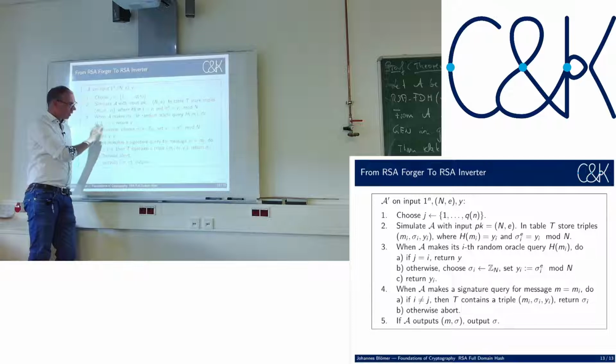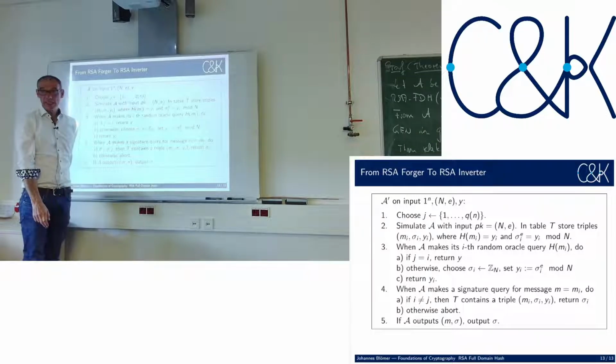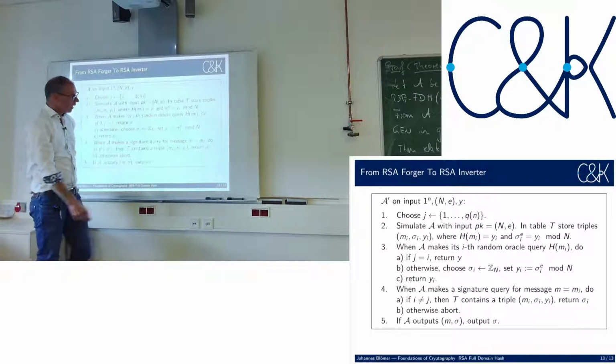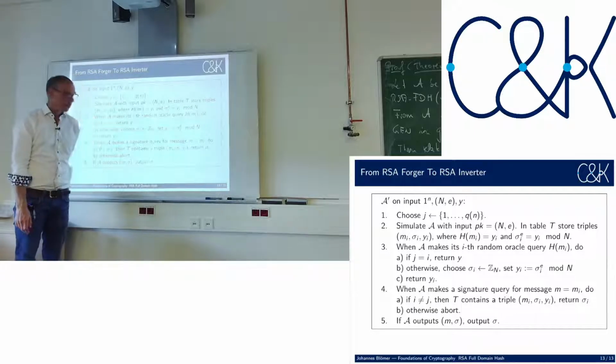Otherwise, so i is not this index j, we choose sigma i uniformly at random from Zn, we set yi to be sigma i to the e, and we return yi.